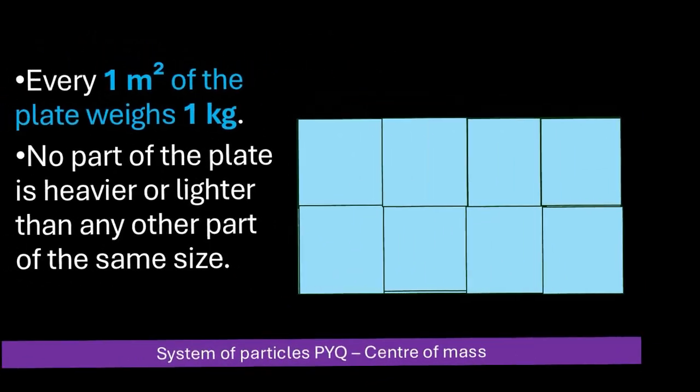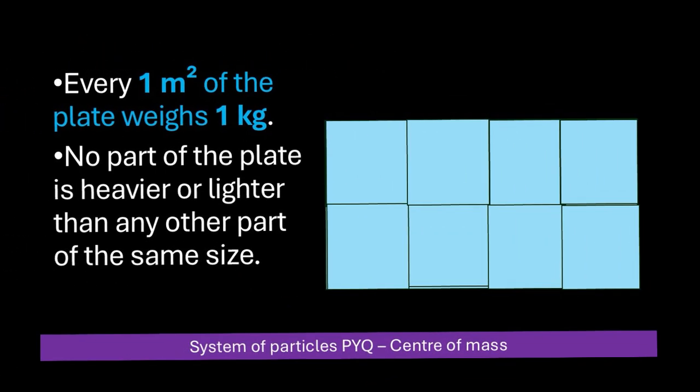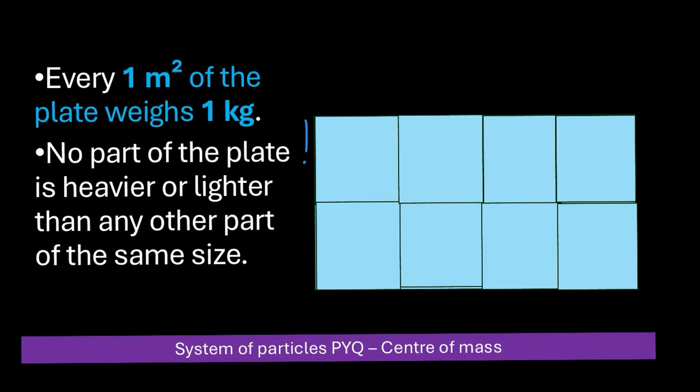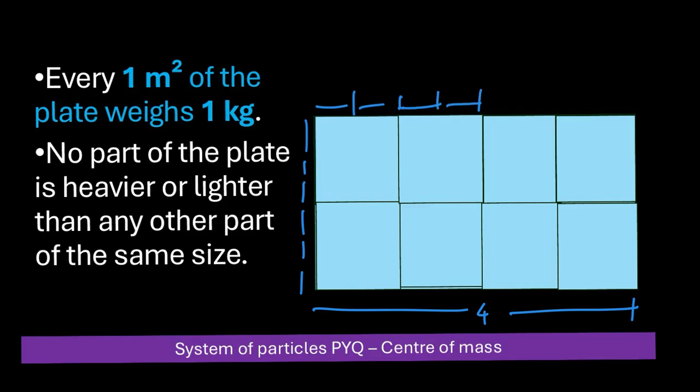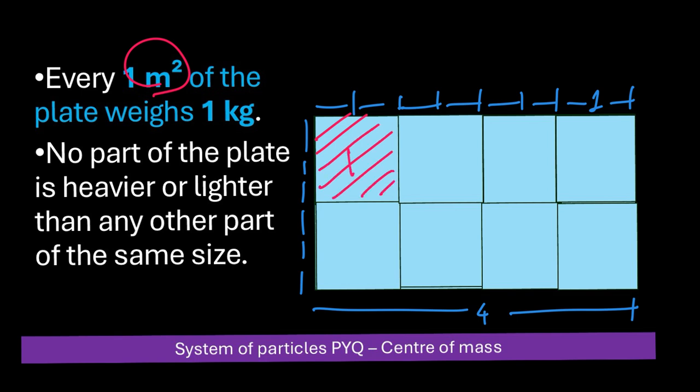But if we choose this reference, then it makes sense. Why? Because this is 1, this is 1, this complete width is 4, which is divided by divisions of 1 meter length. And now 1 meter square, which means this area, 1 meter square will contain 1 kilogram.